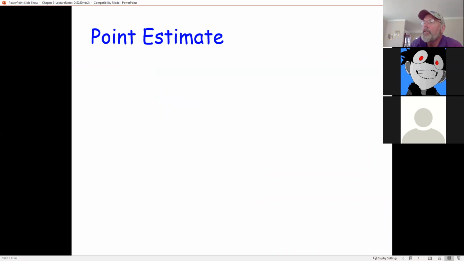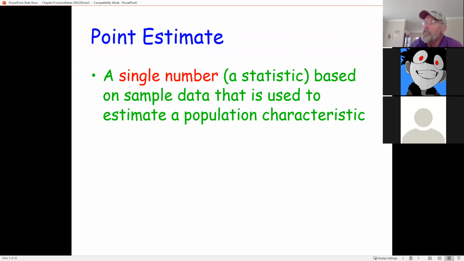So this is a definition, an idea that goes along with confidence intervals. First, you need a point estimate, and that's a single number, and that's a statistic. It could be p hat, it could be x bar, but it is a statistic that gives us a value from the data set that might estimate a population characteristic.